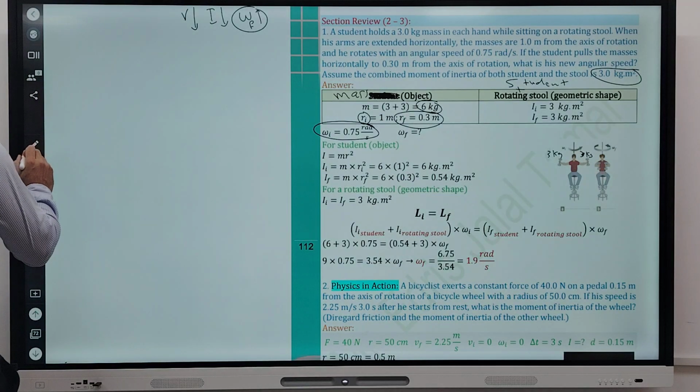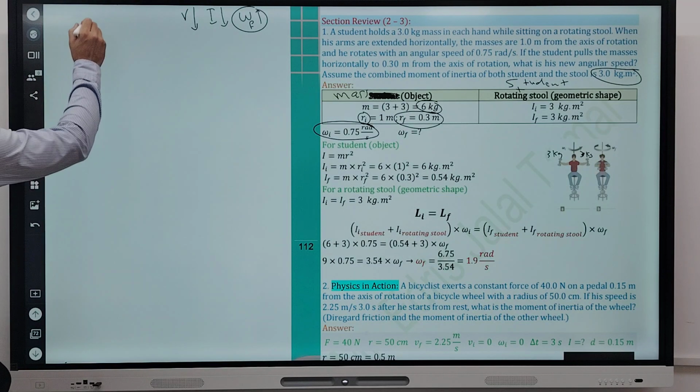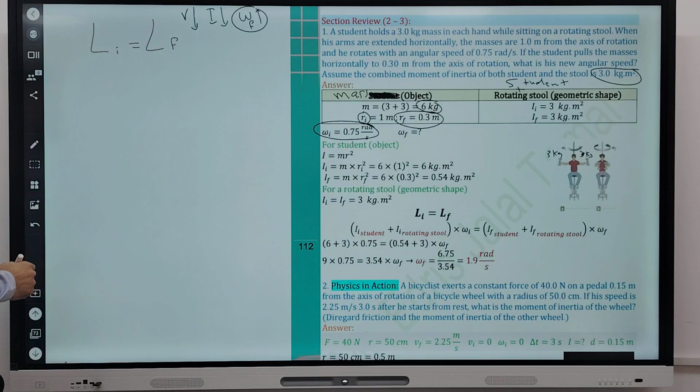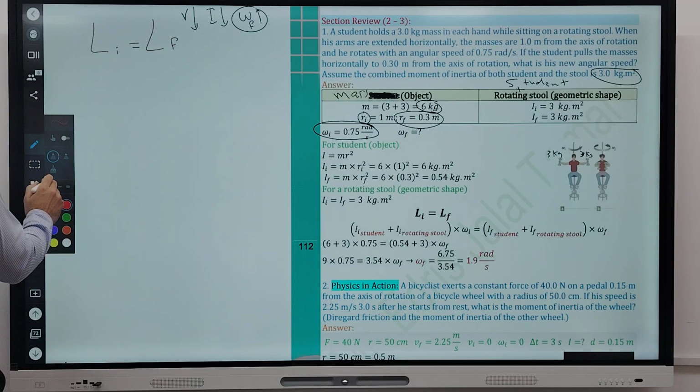Because the angular momentum is conserved, initial angular momentum is equal to final angular momentum.